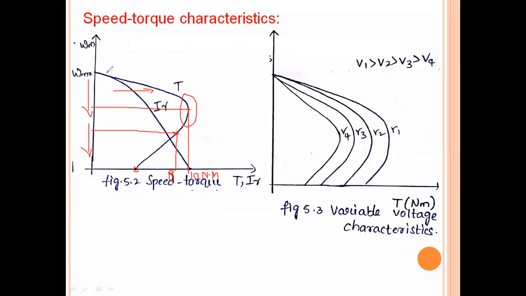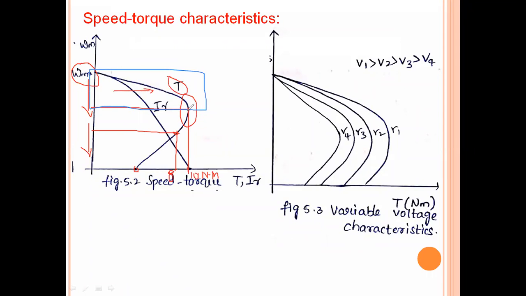When the speed is decreasing, the torque is increasing up to this point, so torque and speed are inversely proportional until the torque reaches its maximum point. During this portion, the torque is increasing but the speed is decreasing.